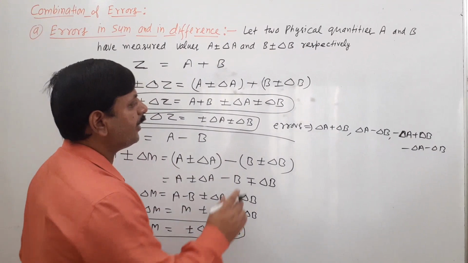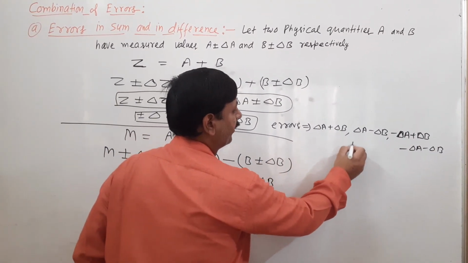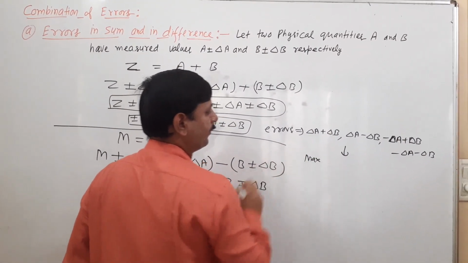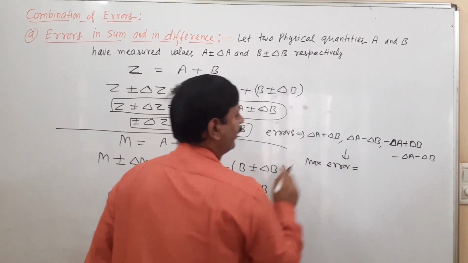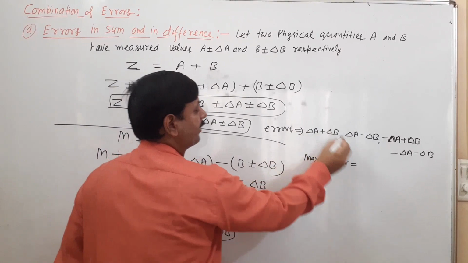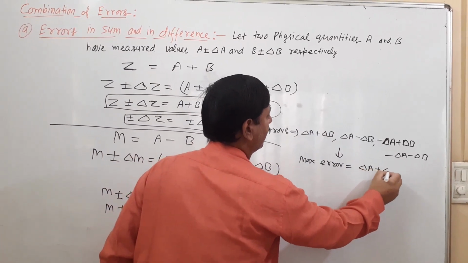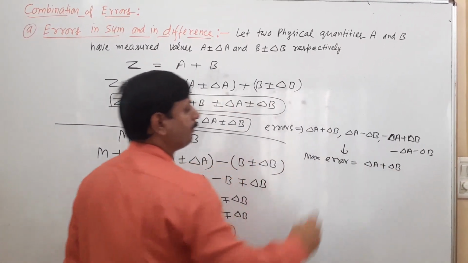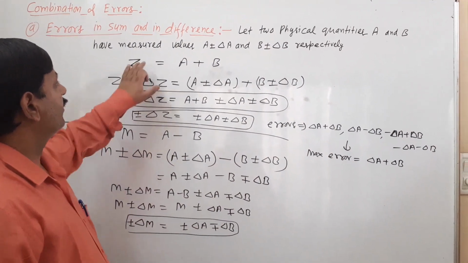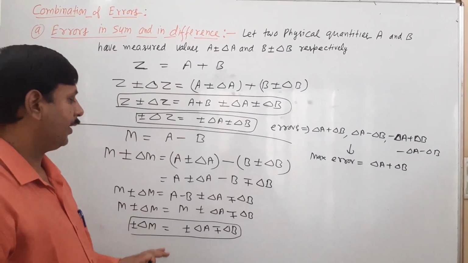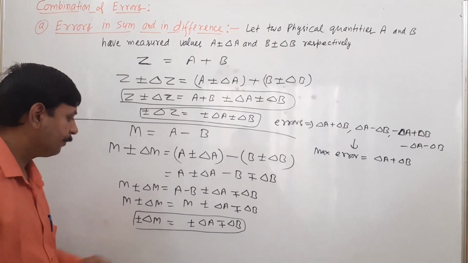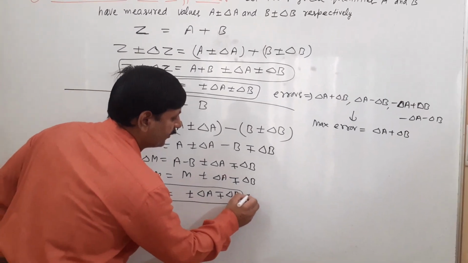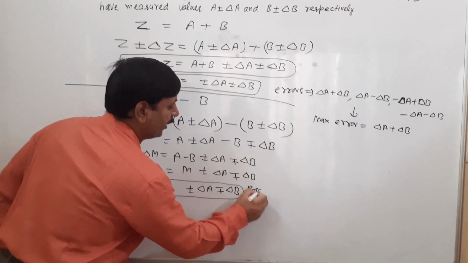If we see, what will be the maximum error here? The maximum will be del A plus del B. So this will be the maximum error for the summation of two physical quantities. In the same way for the difference, what are the possible errors?